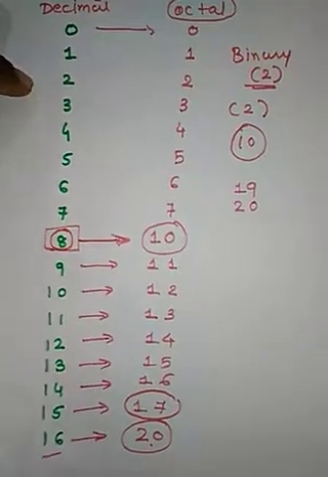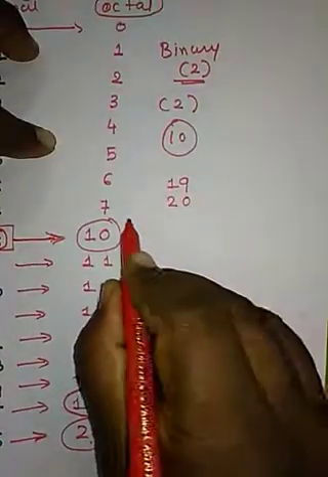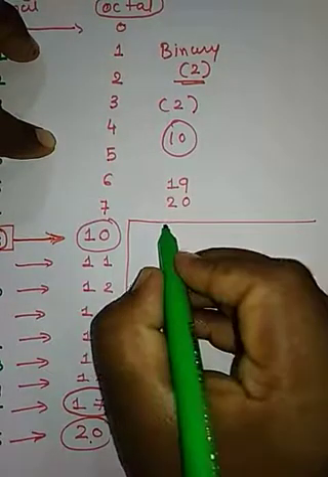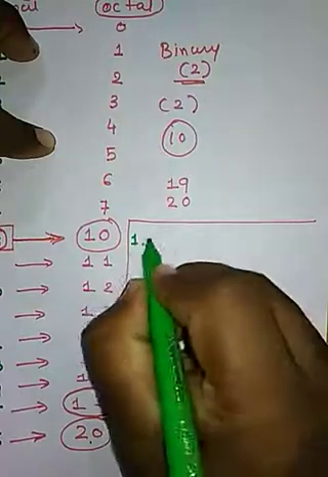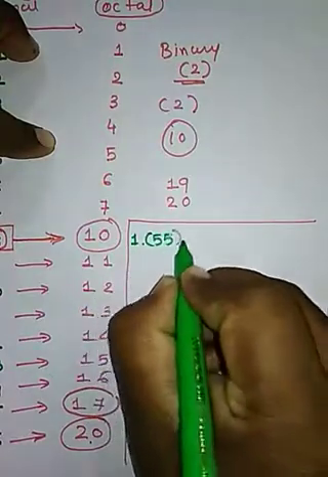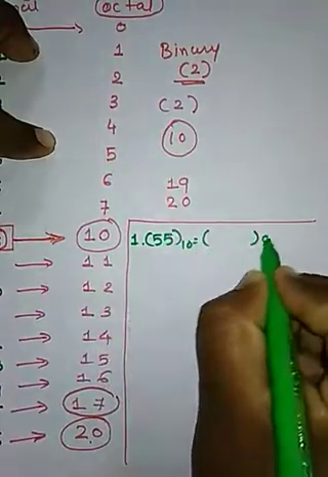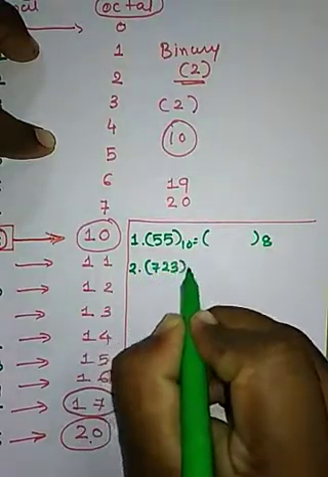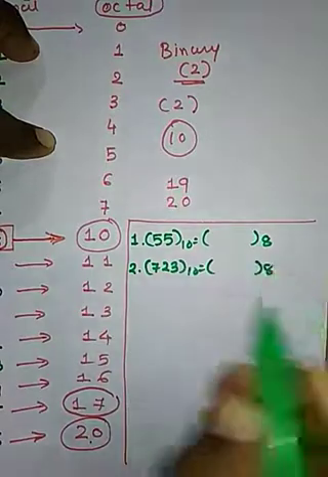Now the homework is given to you. You have to try on your own. Example 1, 155. This is to be converted into octal. Second, 723. This is to be converted into octal.